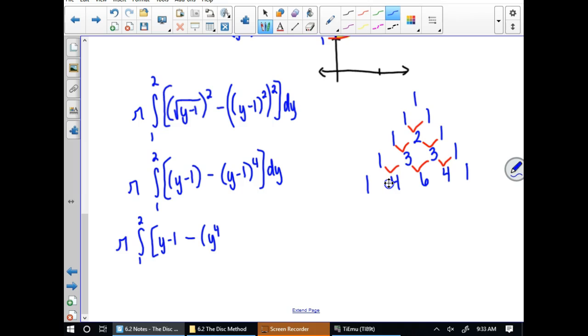The signs are going to alternate between positive and negative because we have this negative 1 here. So we'll have minus 4y to the 3rd plus 6y squared minus 4y plus 1.